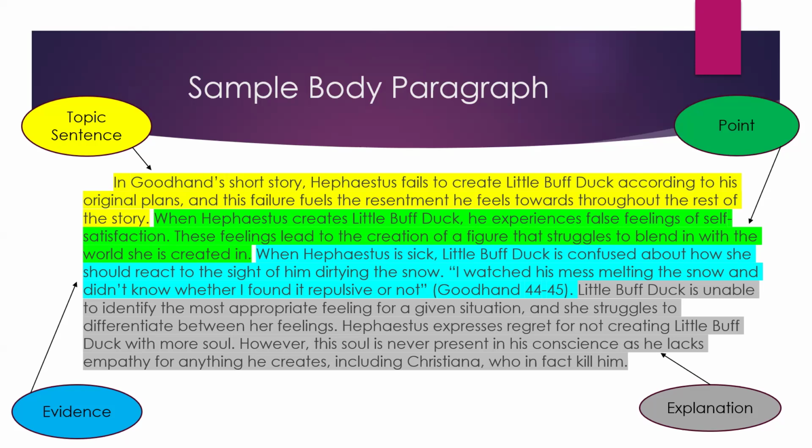But the point here is that the creator has created a creation when he is in an unusual state, and as a result of that, the creation experiences problems in blending in with the world. And we know that based on this point, the rest of the paragraph might be about this. We'll find out as we read through the evidence.